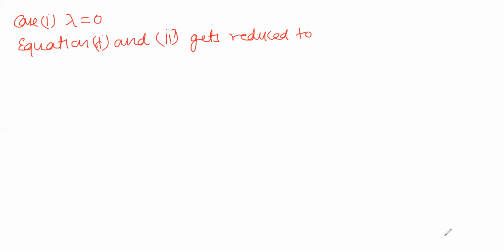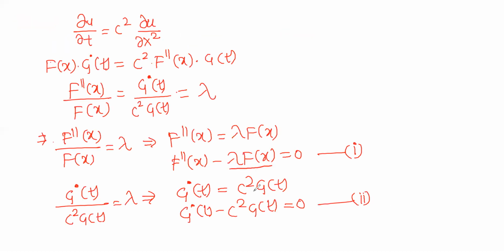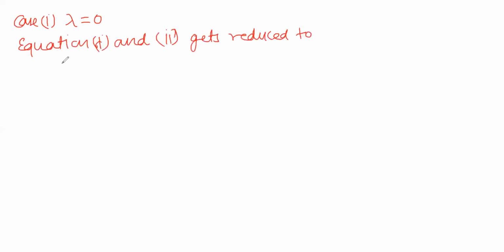This part will be 0 completely, and even this part will be 0. So I'm getting f double dash x equal to 0 and g dot t equal to 0.